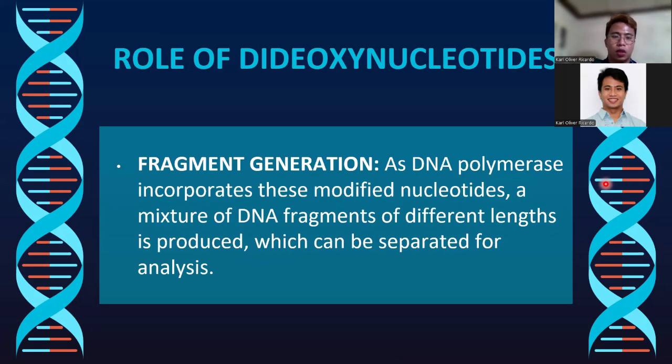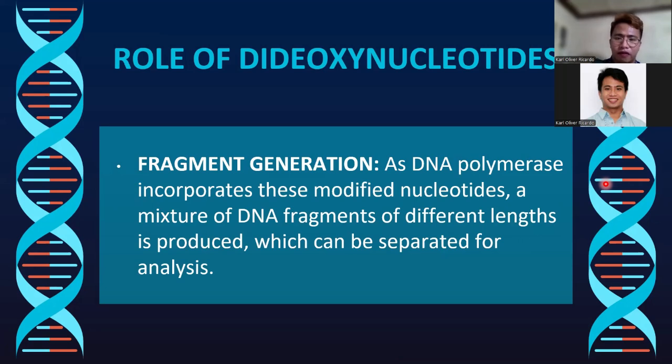So another one is fragment generation. As DNA polymerase incorporates the labeled dideoxynucleotides, the modified nucleotides, a mixture of DNA fragments of different lengths is produced, which can be separated for analysis so we can deduce the sequence. Okay?